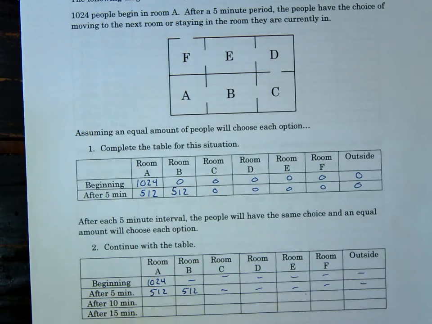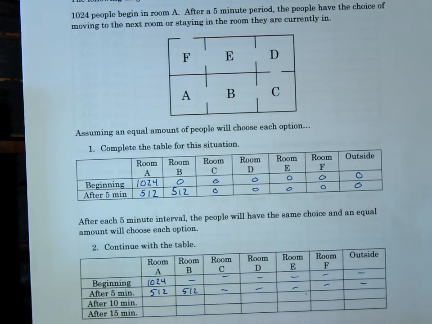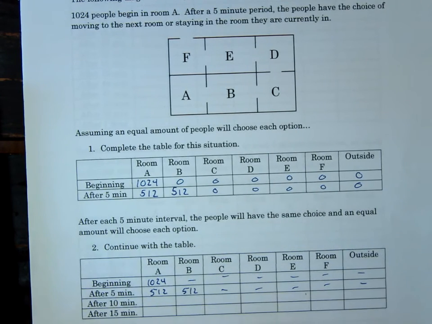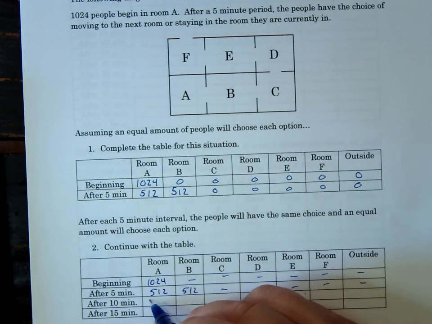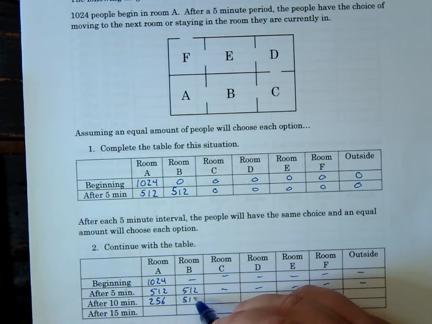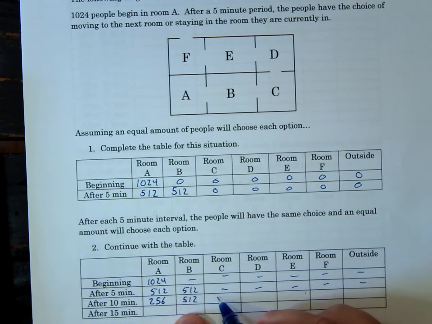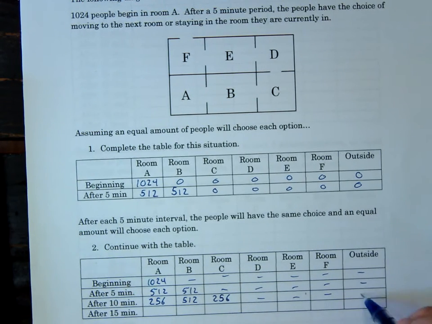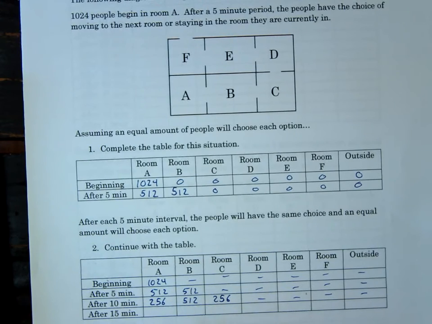After 10 minutes, these 512, half of them, so 256, are going to stay, and 256 are going to go into room B, but also 256 that are already there are going to stay. So together, that's still 512, and then 256, and then nobody else.